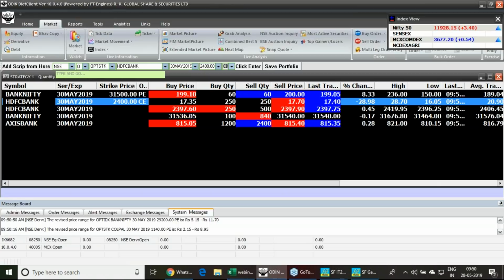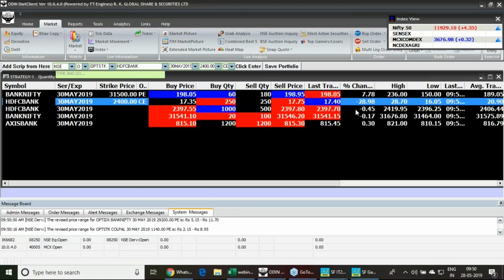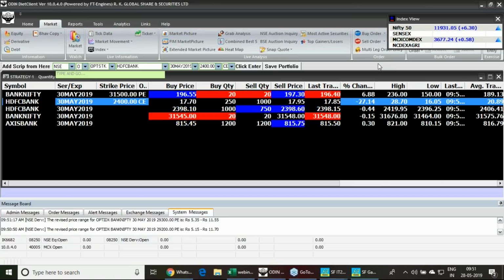Instead of buying options, can anyone suggest that I sell some options? Because I am going for intraday, each one lot. Since two days are left till expiry, today is gone, tomorrow is gone, and the day after tomorrow is expiry. Then why should I buy the options?